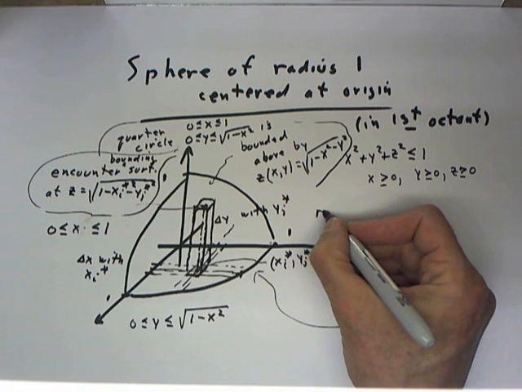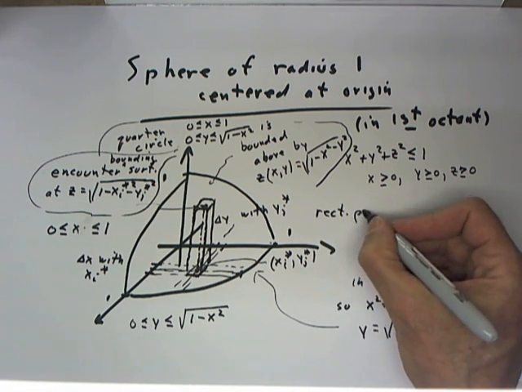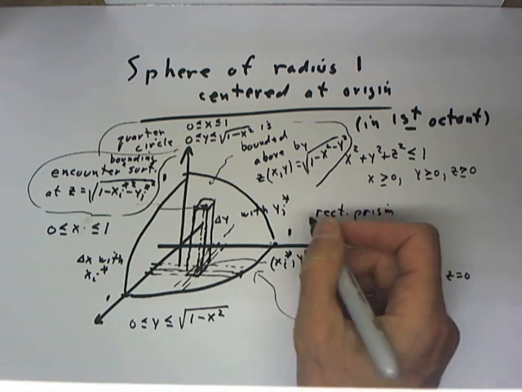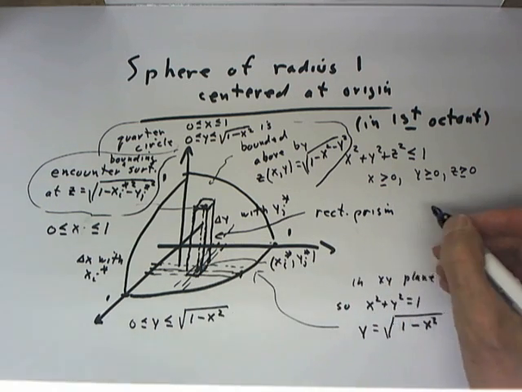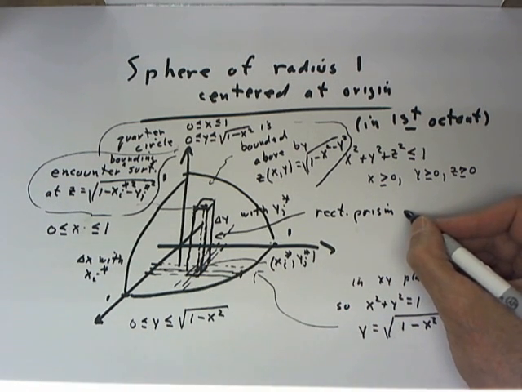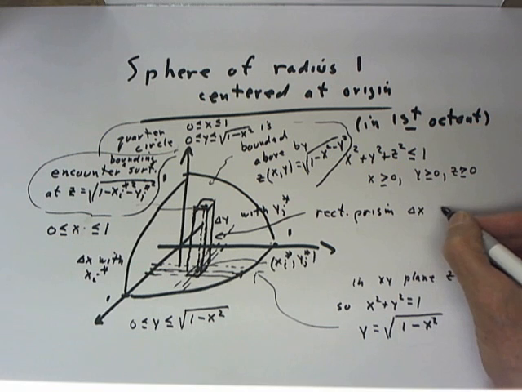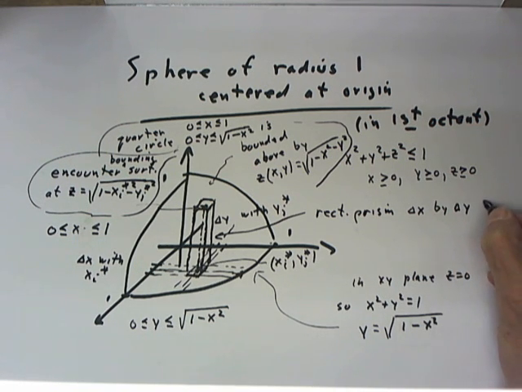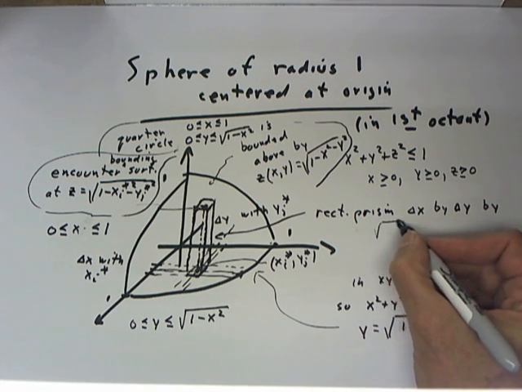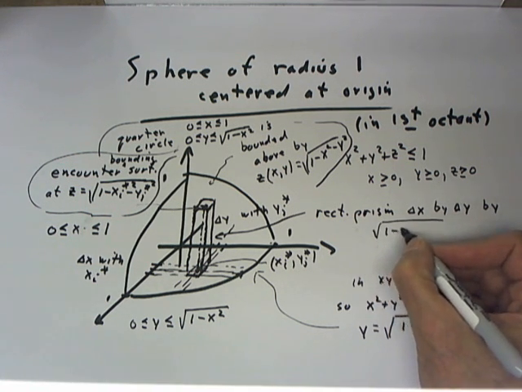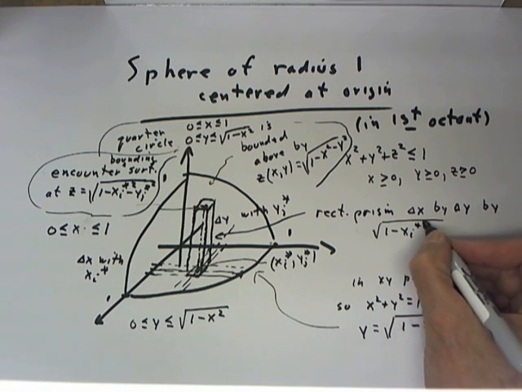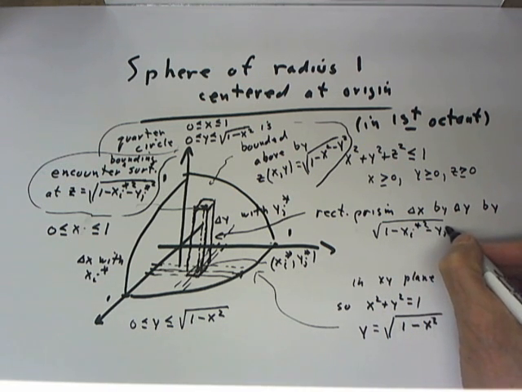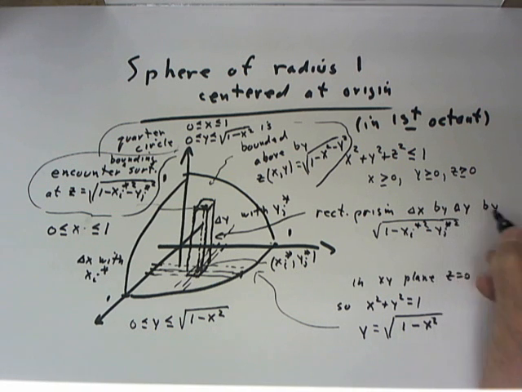We have a rectangular prism of dimensions delta x by delta y by the square root of 1 minus xi star squared minus yj star squared.